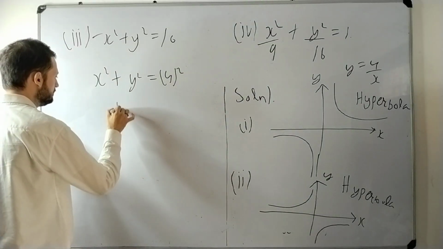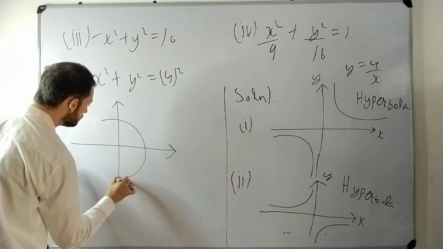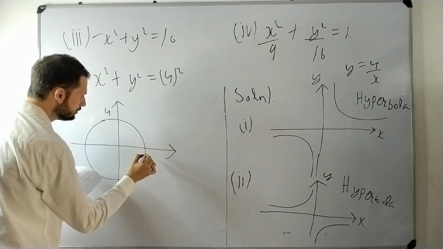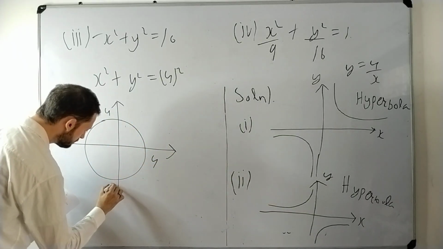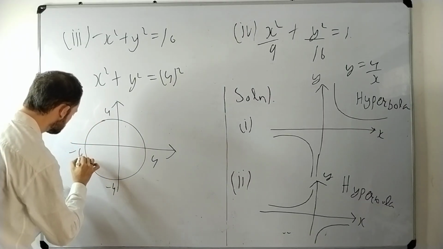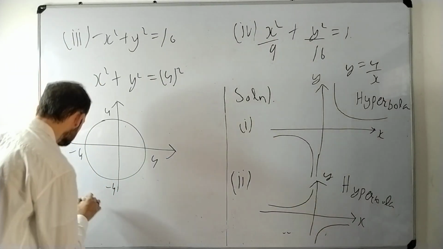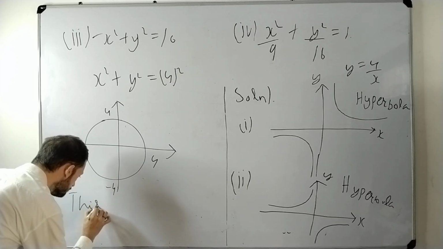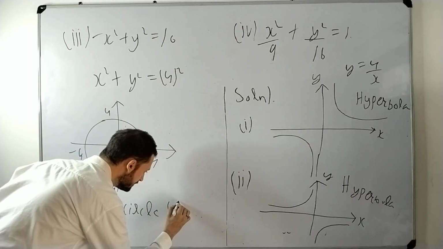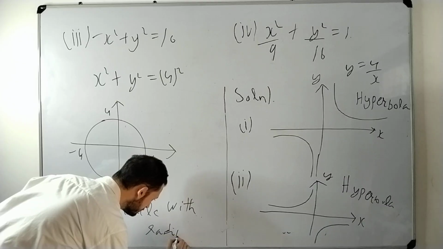So this is 4, this is 4, this is minus 4, students. And this again happens to be minus 4. This is a circle with radius 4.